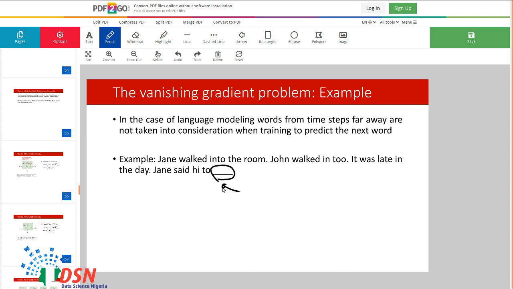Probably the network has some problem filling this blank, because the relevant words are really far in the past when we want to train the network, and so the network does not have enough memory to remember John.